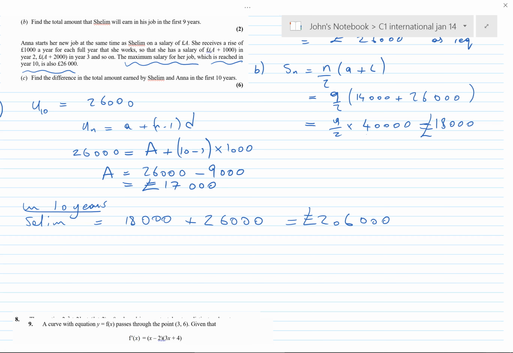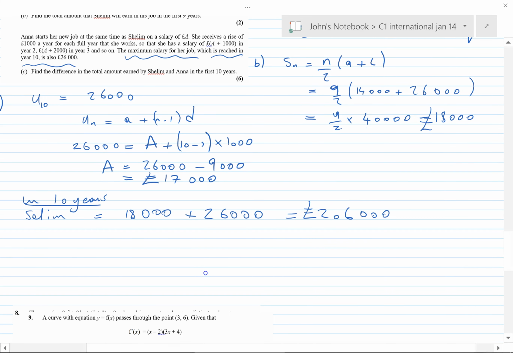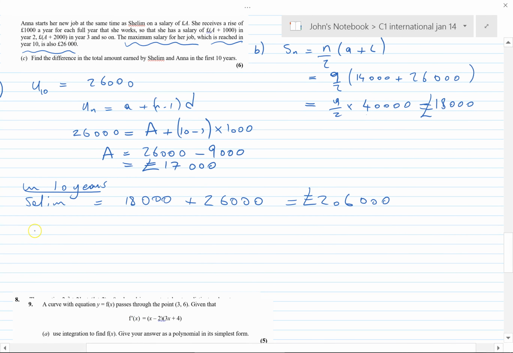However, Anna, we can use the sum formula because Anna has taken 10 years to reach that salary. So for Anna, we can do 10 over 2.